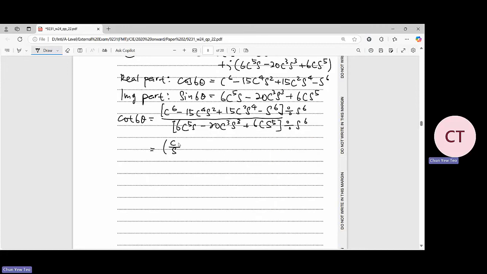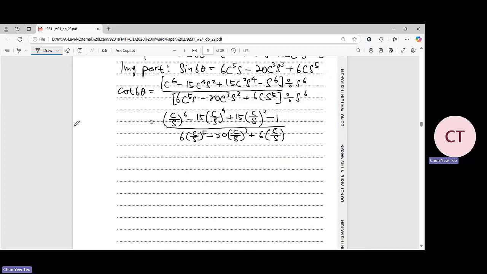Then you will get c over s power 6 minus 15 of c over s power 4, sorry, this one is a power 4, plus 15 of c over s square, then this one is minus 1, divided by 6 c over s power 5 minus 20 of c over s power 3 plus 6 c over s. Okay, so this is what we have.